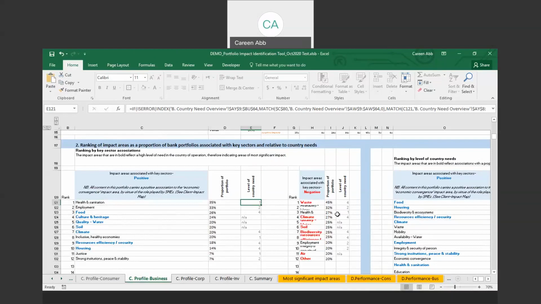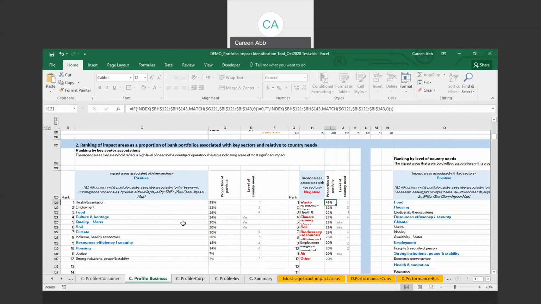So you can see which impact areas are negatively associated to which portion of the portfolio, again with the largest portfolio share coming tops, and with bolding happening every time there is a high or very high level of impact.